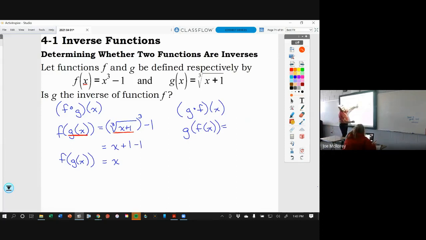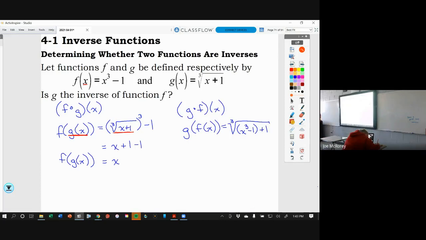So the g function is the cubed root of, there's an x. What do I put in place of that x? X cubed minus 1. So we have an x cubed minus 1, and then plus 1. Now, just as normal practice, when I'm plugging stuff in, I put it in parentheses.